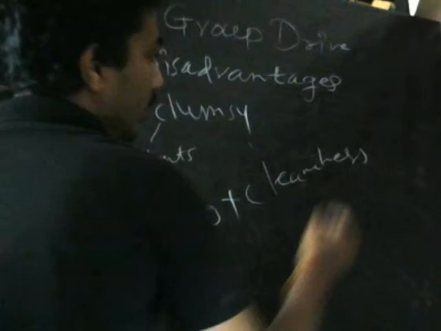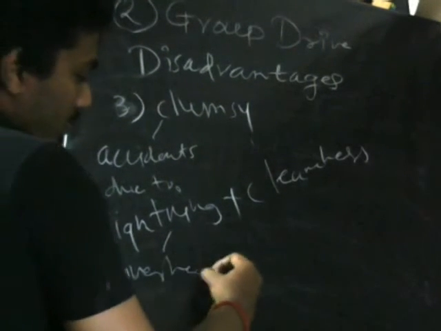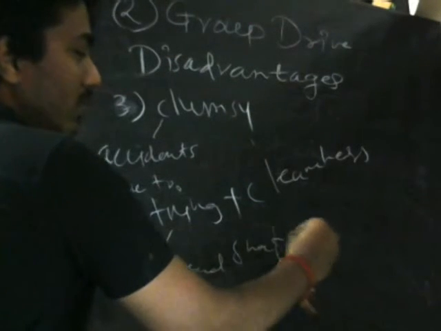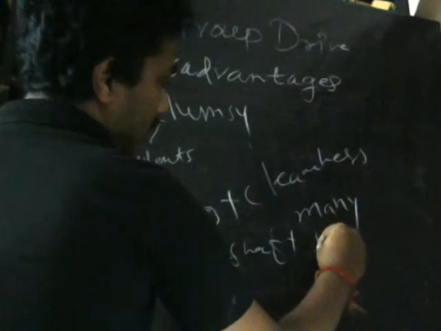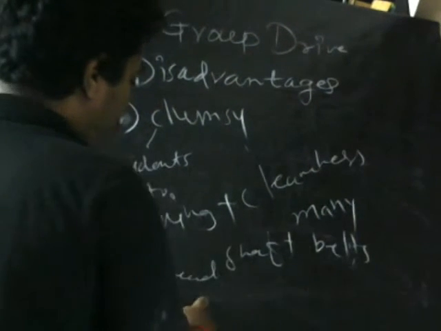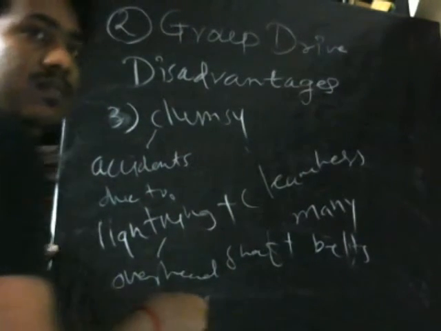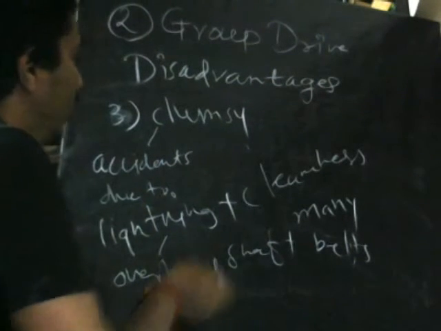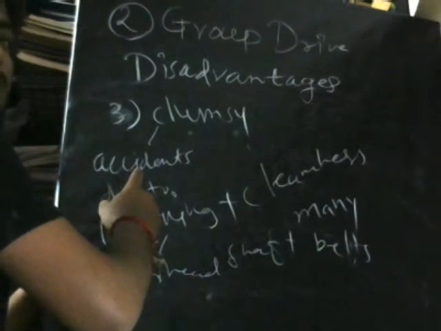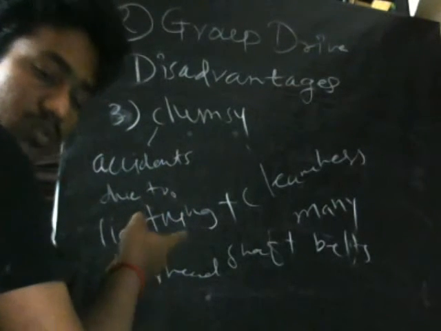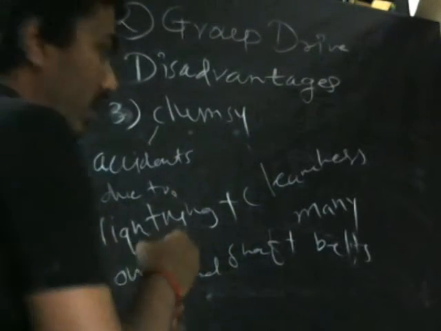Now how does it become a problem? Due to overhead shaft plus many belts. Due to that, lighting is not proper and cleanliness is not proper, so it gives clumsy appearance and increases chances of accidents. So this is a disadvantage for group drive.